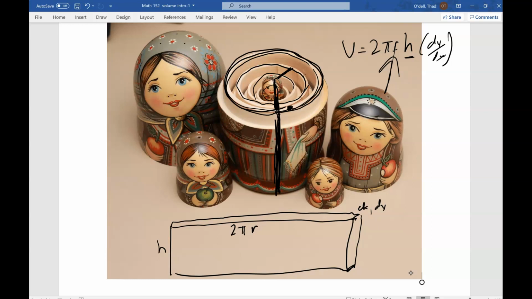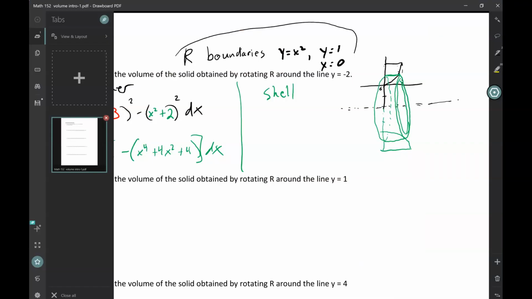But actually, the truth is that sometimes, in his video, he was only doing regions that were touching the line of rotation. So if the edge of the region is not touching the line of rotation, then r will still be something involving x, like x plus 1 or x minus 5, or y plus 1. So anyway, that's too much general information. Let's go back to the specifics.